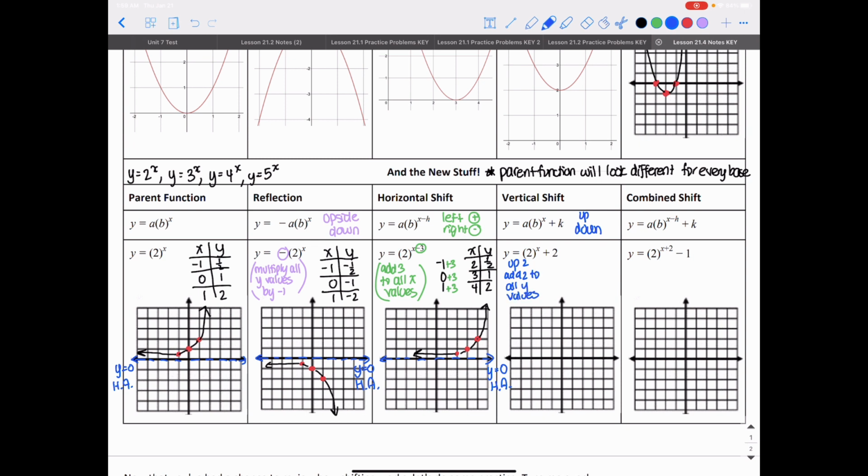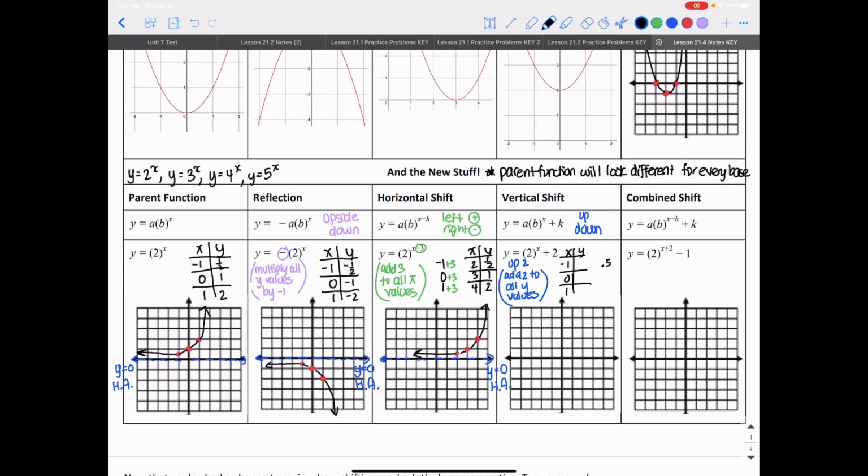So if I look at my new table, it is going to be -1, 0, and 1, still the same x values, but my y values are going to change by adding 2.